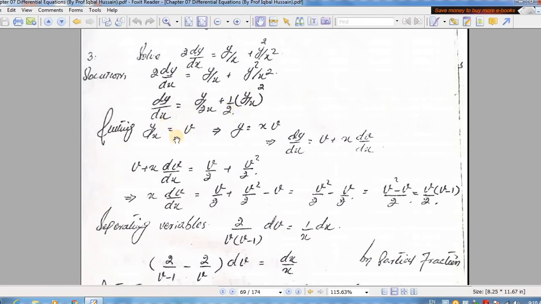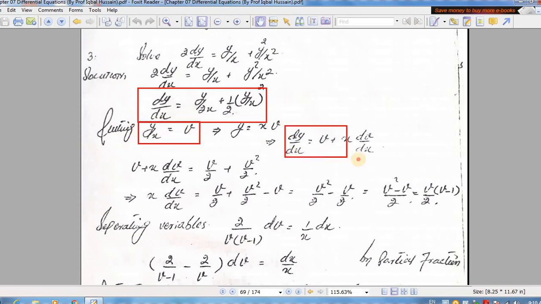We can write this equation as y is equal to xv, and we can differentiate this equation to get this one. Now we will put the values in this differential equation. This y over x will be put, and similarly we will put the value of this one.